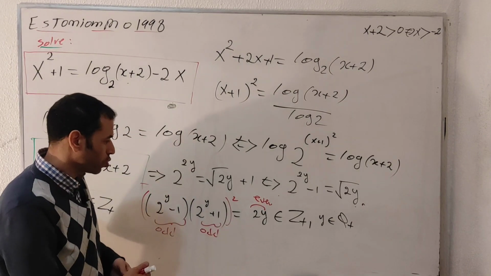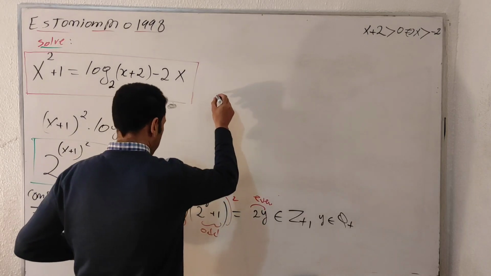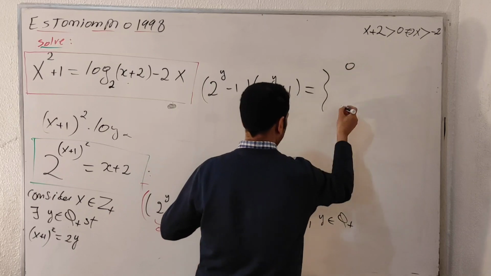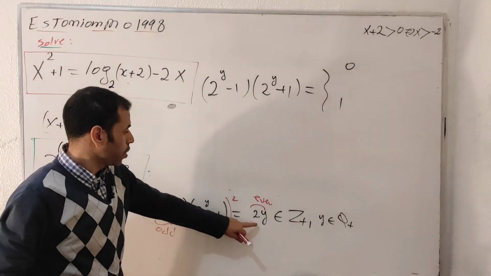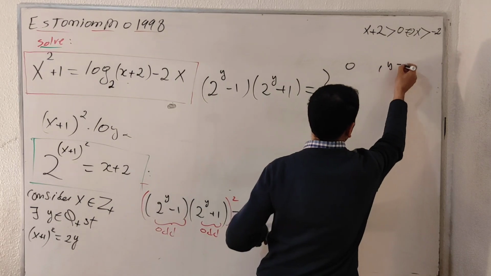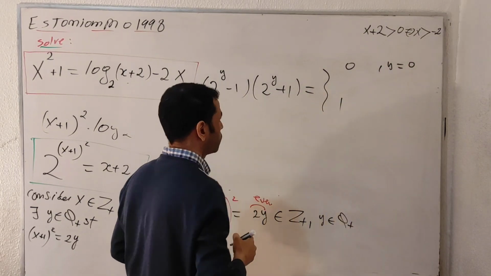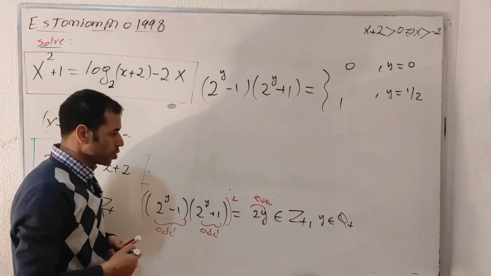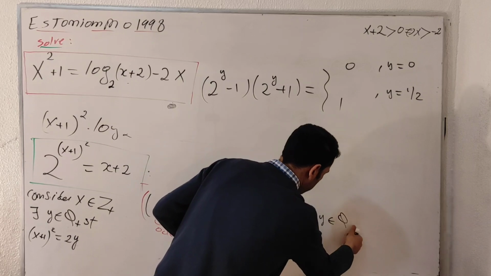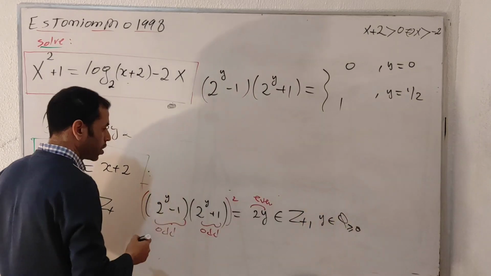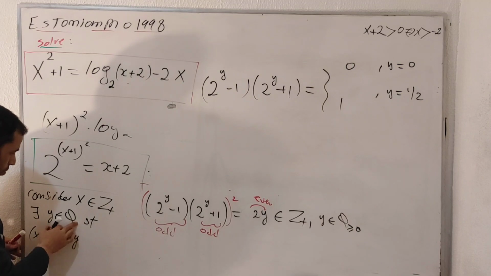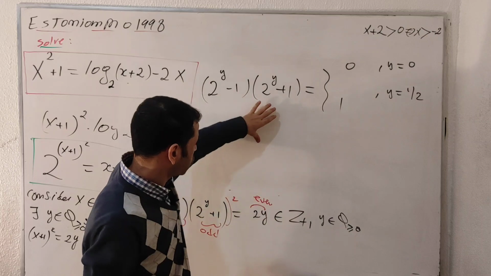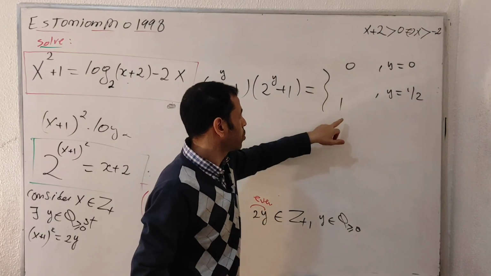So this is going to take two cases: it equals 0 or 1. If it's 0, then y is 0, or y is half. Here y must be a non-negative rational number because it includes 0. So the only way to maintain this equation is when it equals 0 or 1.